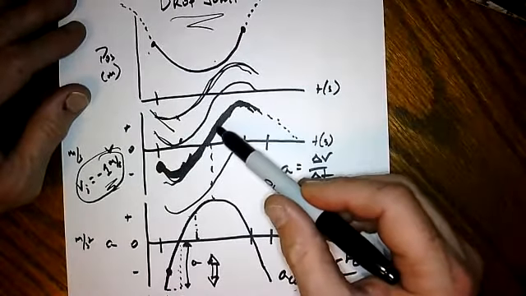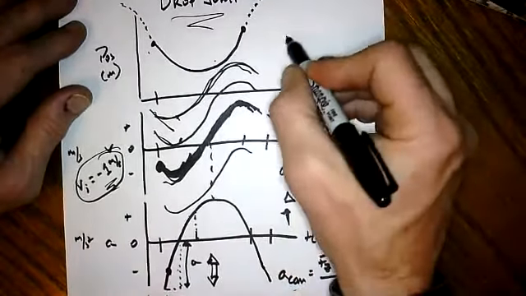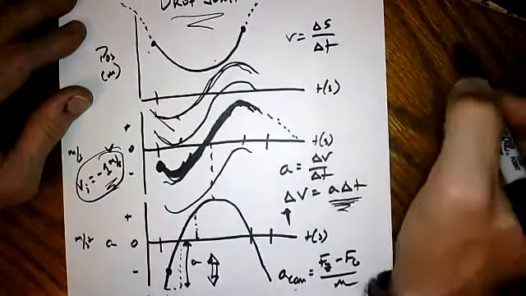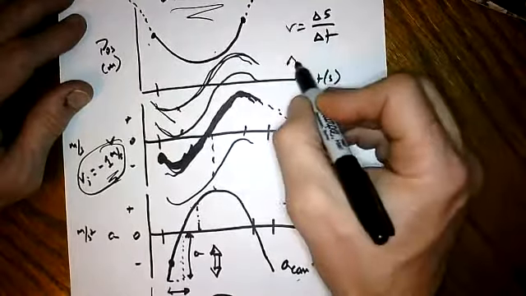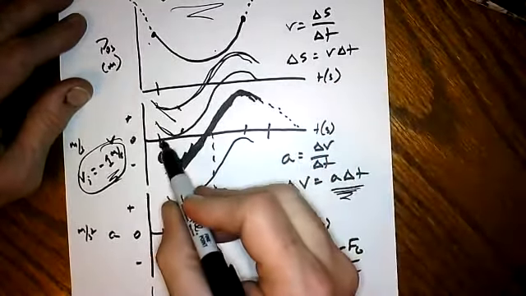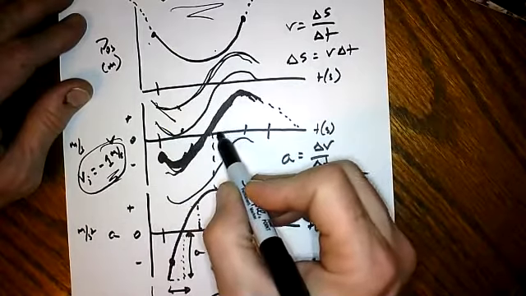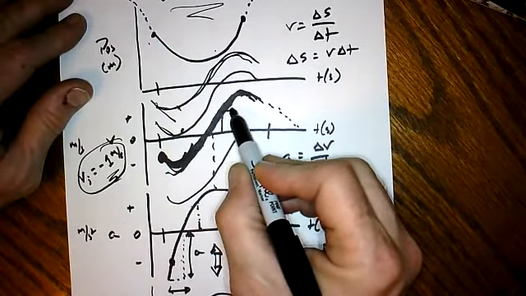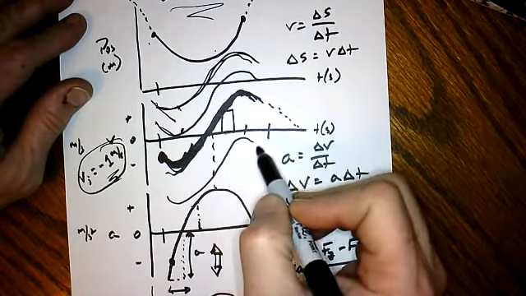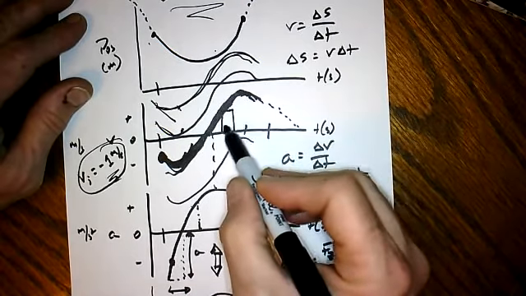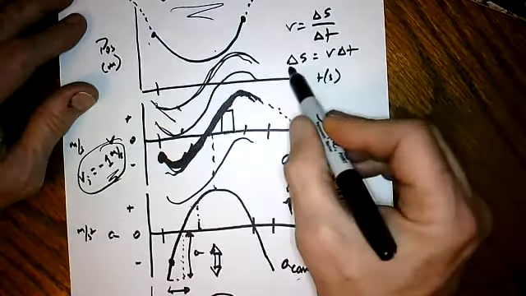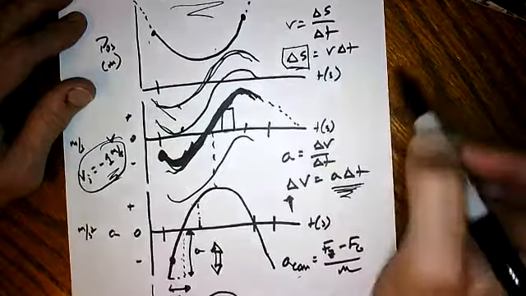So that's how you integrate the acceleration profile, and then you do the same process of integrating the velocity to yield the change in position, where the change in position is equal to V delta T. Here's my rectangle. V is the height of that rectangle. Delta T is my sample rate. And I calculate the area of that rectangle. That tells me the change in displacement.